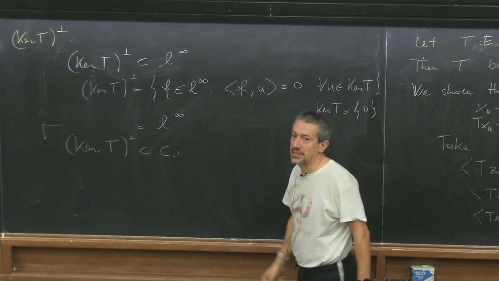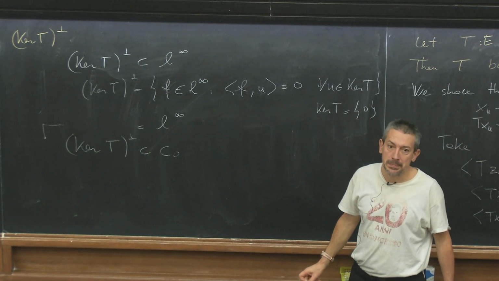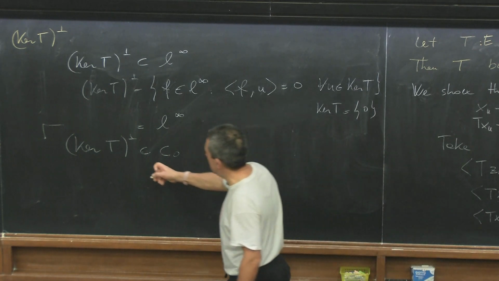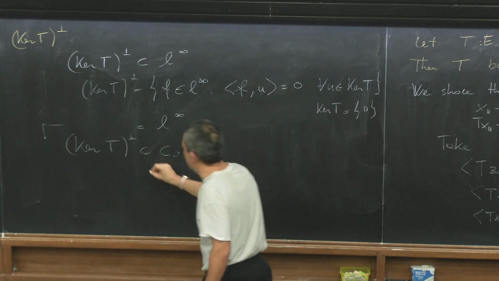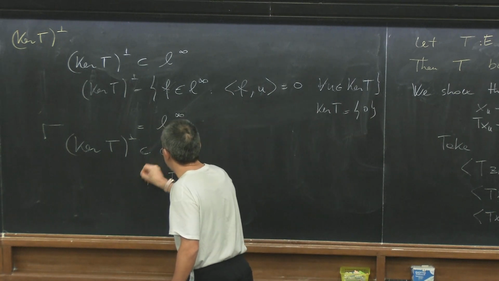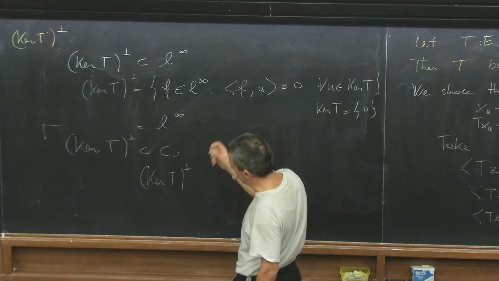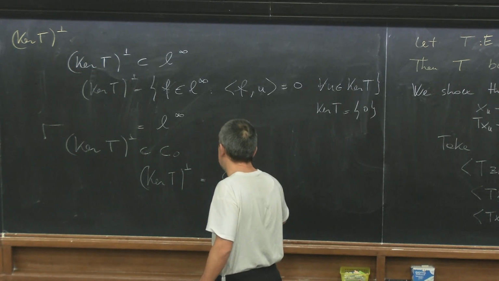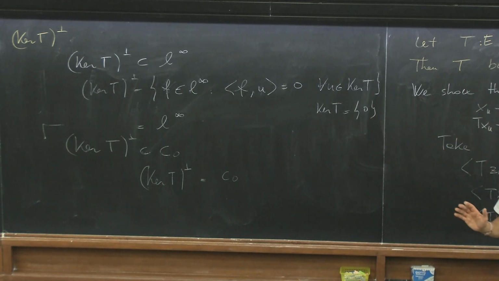So in this case, it's again C0, because of the same computation. The kernel of T orthogonal, if I consider L1 as the dual space, is exactly C0. Okay? Yes, okay.